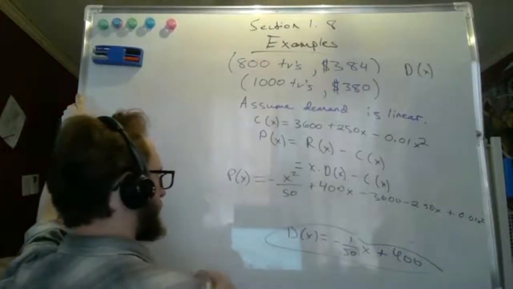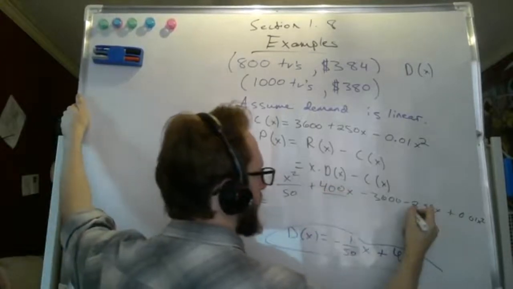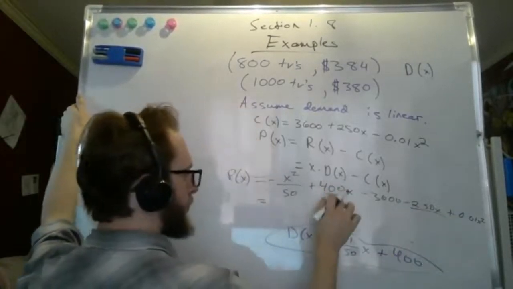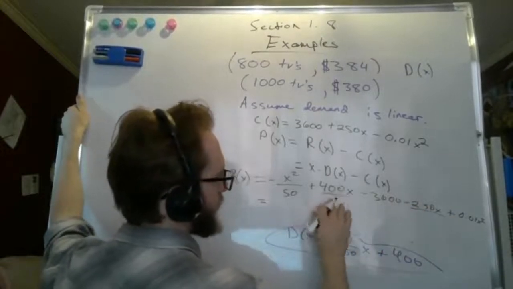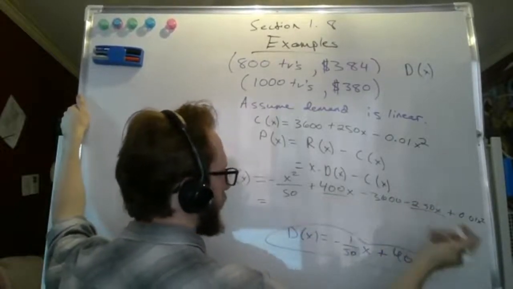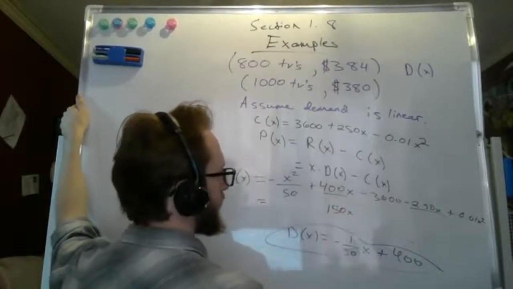Okay, we're getting somewhere now. So 400 and this negative 250x, I'm going to combine them because they just have x to the first power. That's going to be 400 minus 250, or a positive 150x.